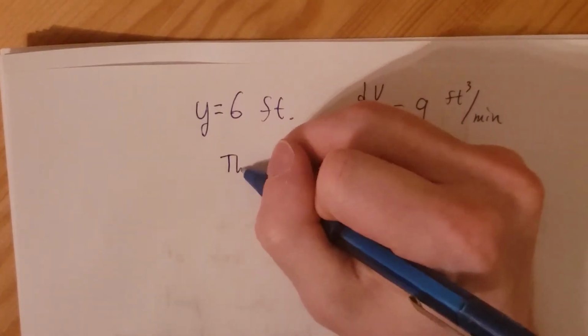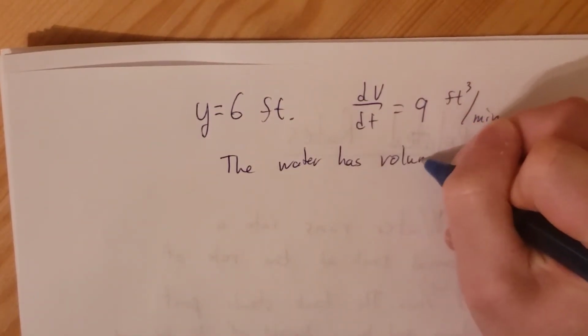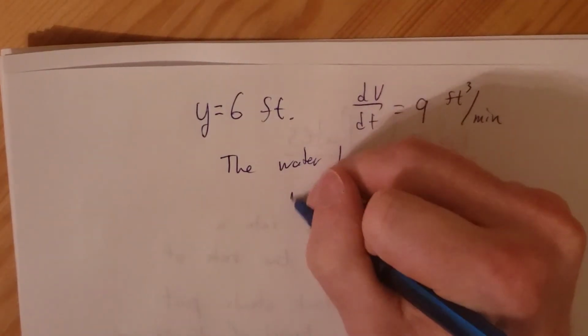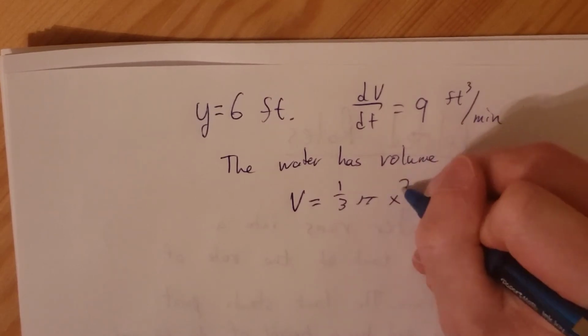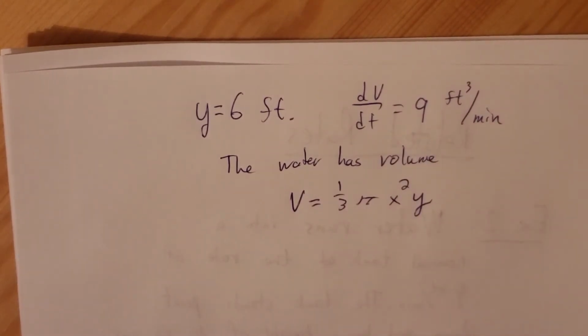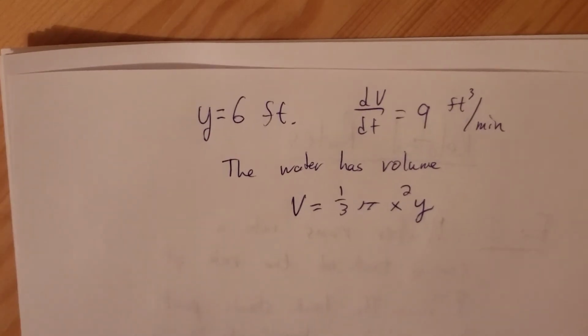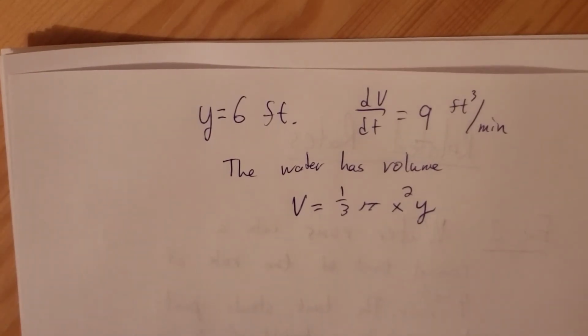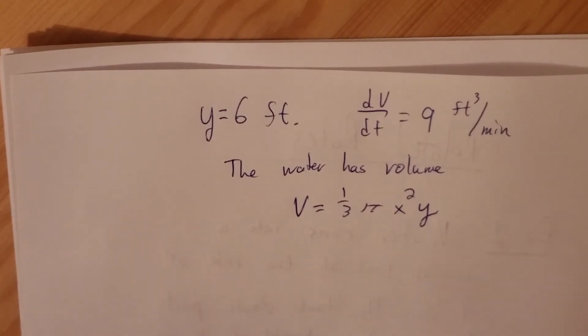So the water has volume, and our formula for volume is V equals 1/3 pi x squared y. How do we know that? Well, that's just the volume formula for a cone. So that's something you could look up if you don't already have it memorized. And to be fair, I do not have it memorized, so it's totally okay to look that up.